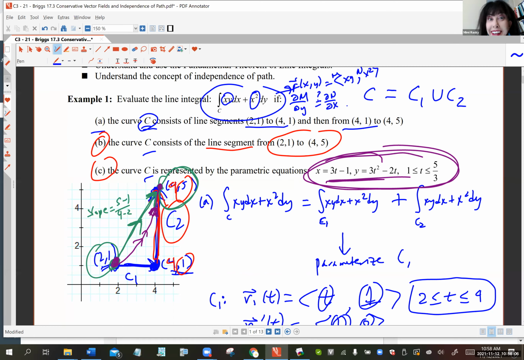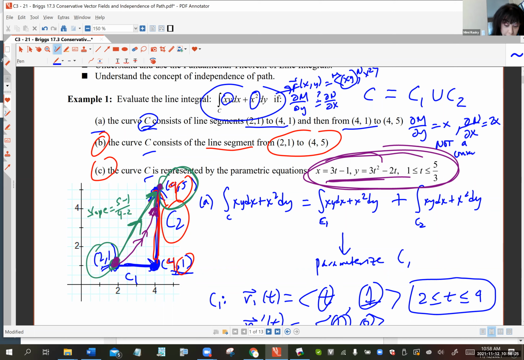Let's check it. dM/dy looks like it's x, and dN/dx looks like it's 2x. They're not the same. So this is not a conservative vector field.